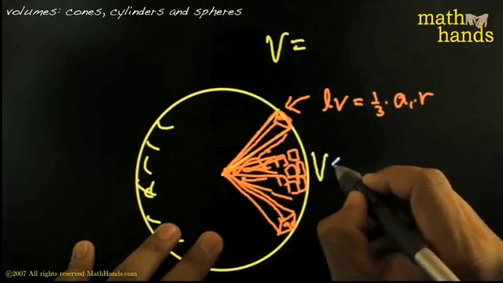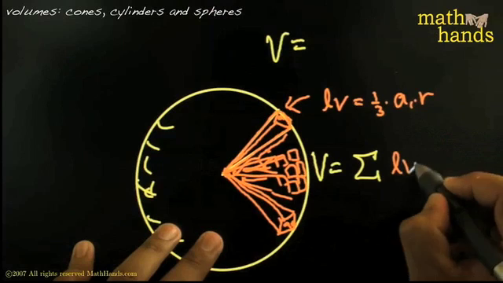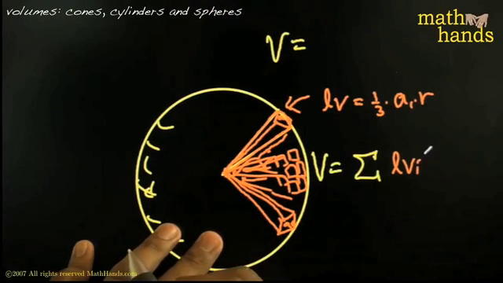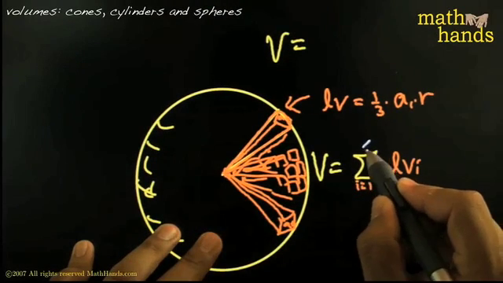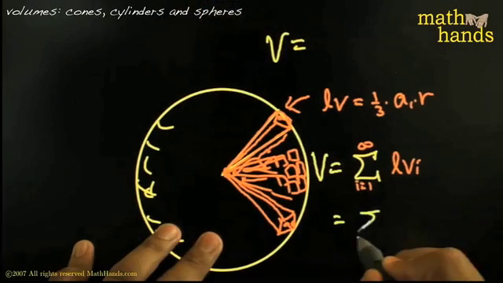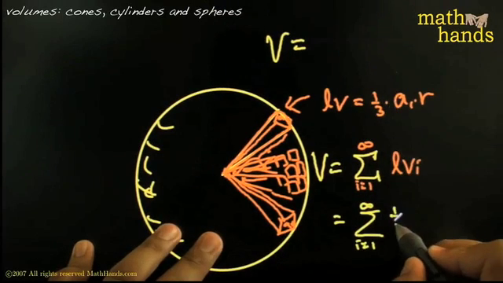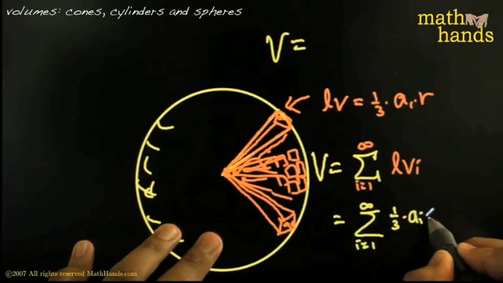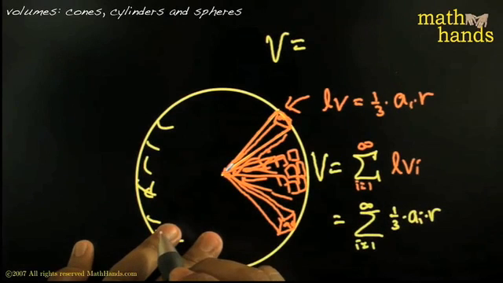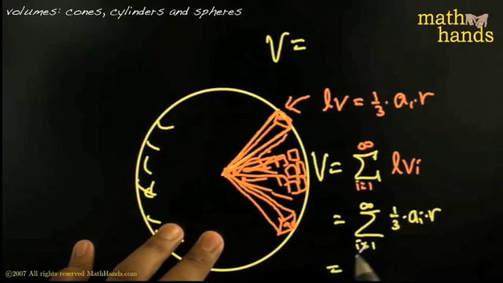The entire volume would be equal to the sum of all the little volumes. I'll call them little volume i, because i goes from 1 to, say, infinitely many of these. Each little volume is 1/3 times A_i times r. The r is the same for all of them. So in theory you could pull out the r and the 1/3, because you can pull out constants on these sums, assuming it's nicely behaved and whatnot.